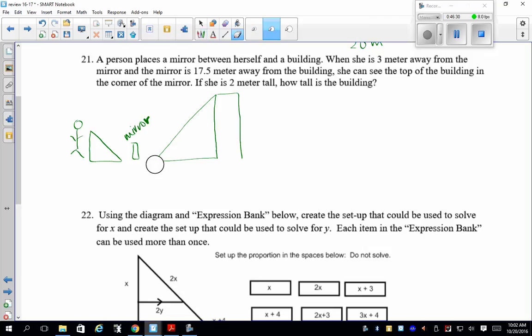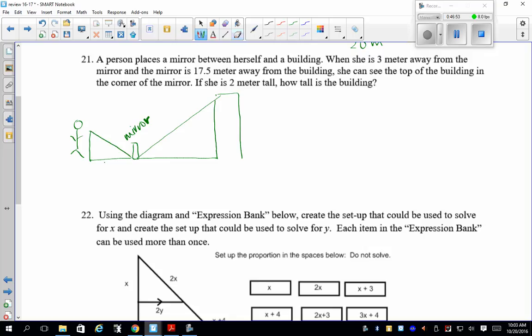Okay, and I'm going to fix these triangles because actually they should be coming all the way to the mirror. So the triangles are actually going to be touching. Okay, so there's one, and here's the other. All right, so now I'm going to label the picture.